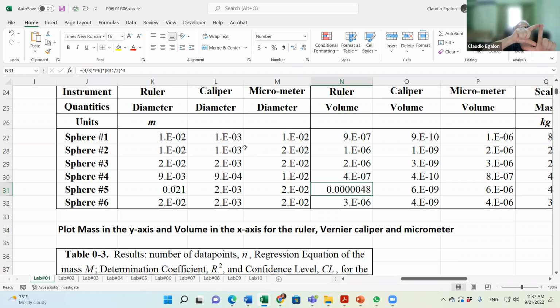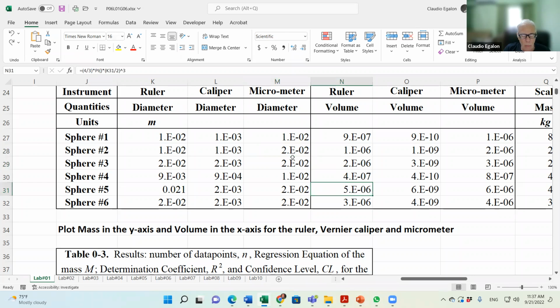Whichever measurement has the least number of significant figures is what should be reported for the number of significant figures of the area. Okay.